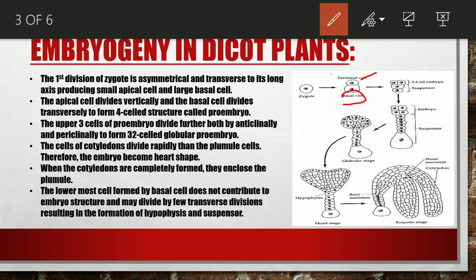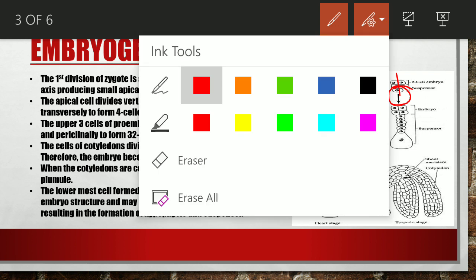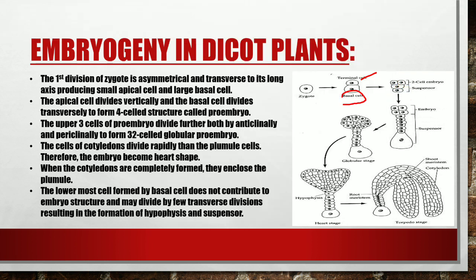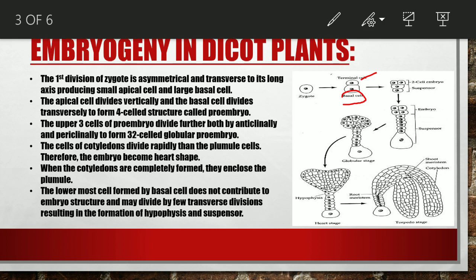The apical cell divides vertically and the basal cell divides transversely to form a four-celled structure. This structure is called proembryo, or it is T-shaped.